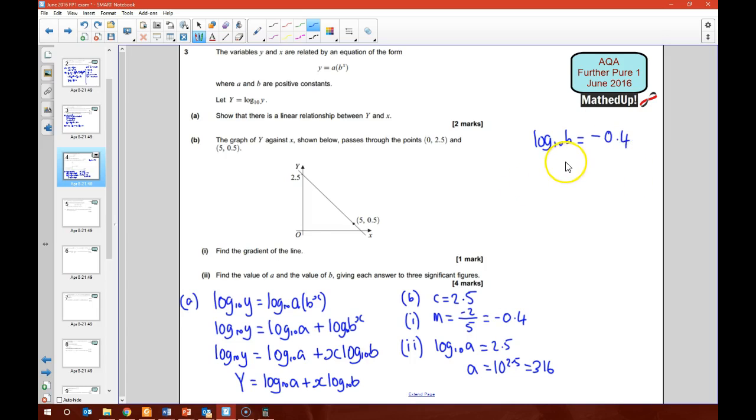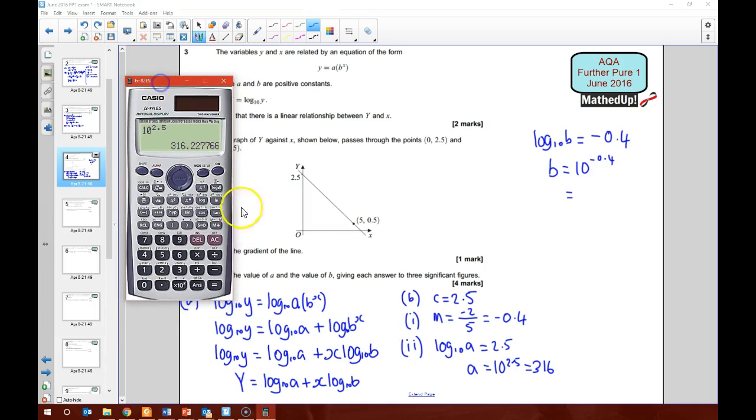So that tells me that b is going to be equal to 10 to the power of negative 0.4, and to three significant figures it's going to be 0.398.